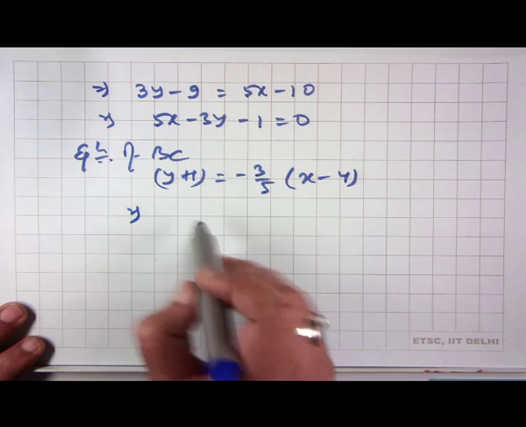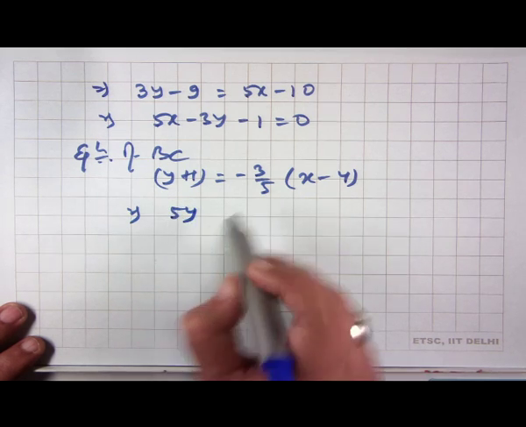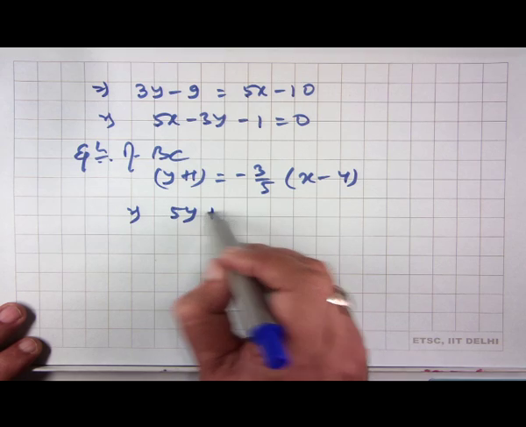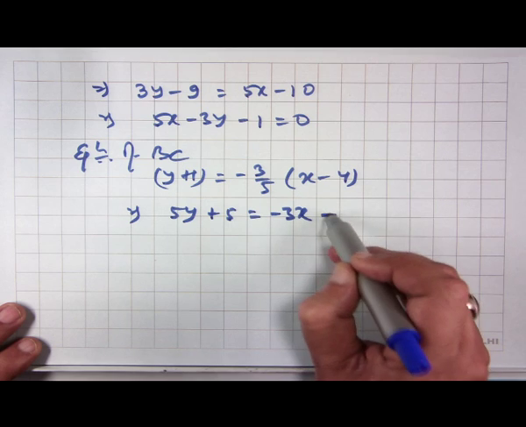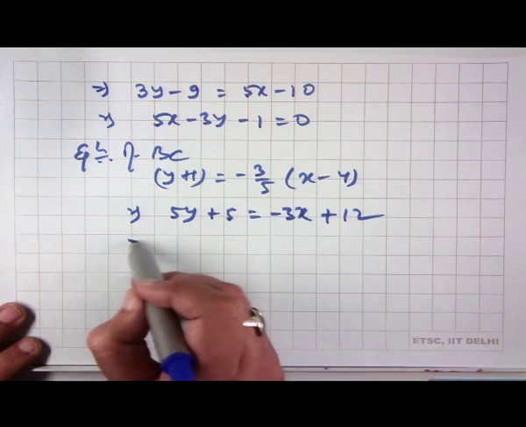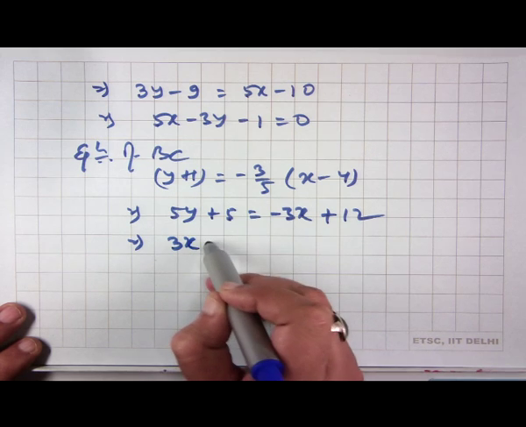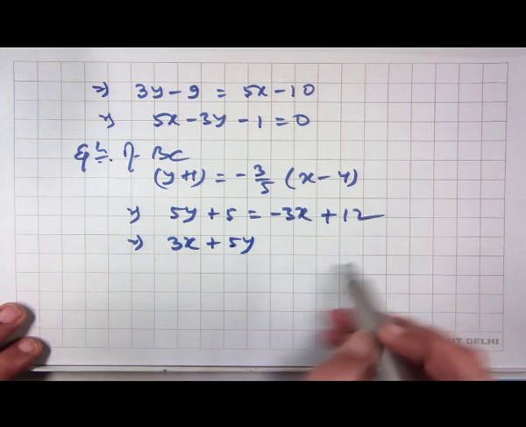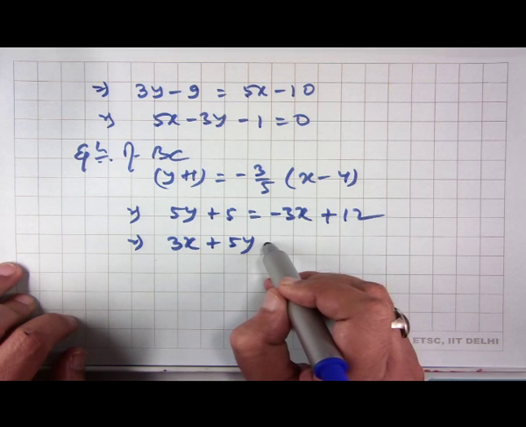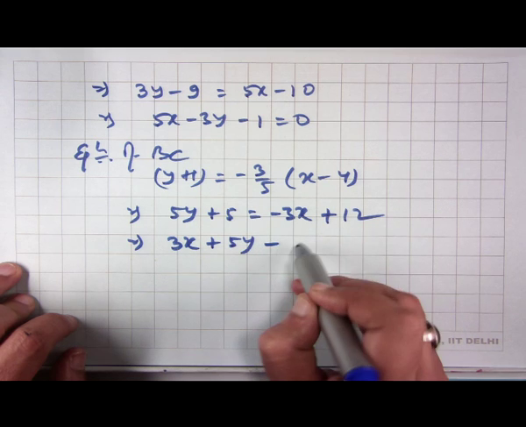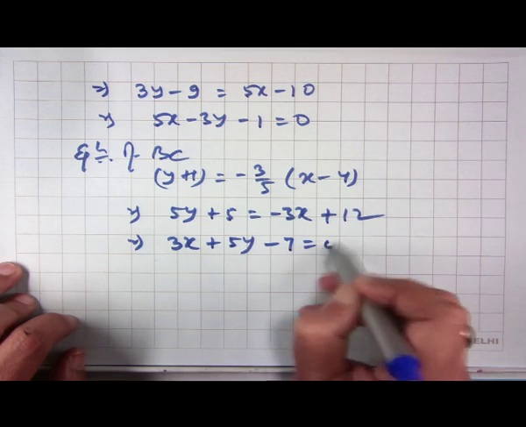So 5y + 5 is equal to −3x + 12, that is 3x + 5y − 7 equal to 0.